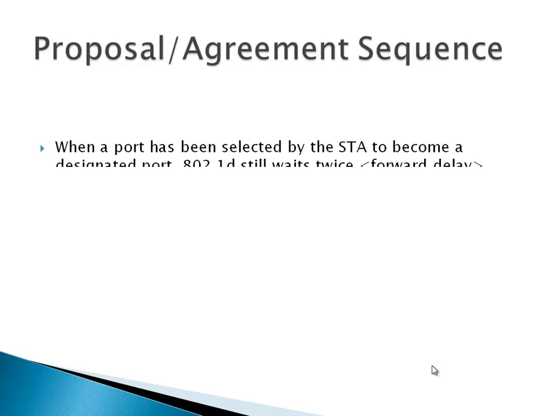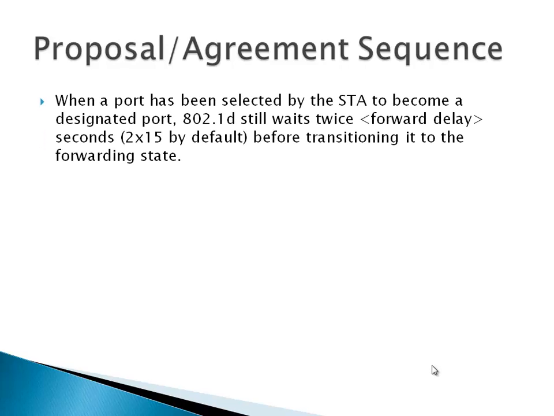Proposal and agreement sequence. When a port has been selected by the spanning tree algorithm to become a designated port, 802.1d still waits for twice the forward delay, 2 times 15 seconds, before transitioning it to the forwarding state. Remember the forward delay, they were listening and learning.